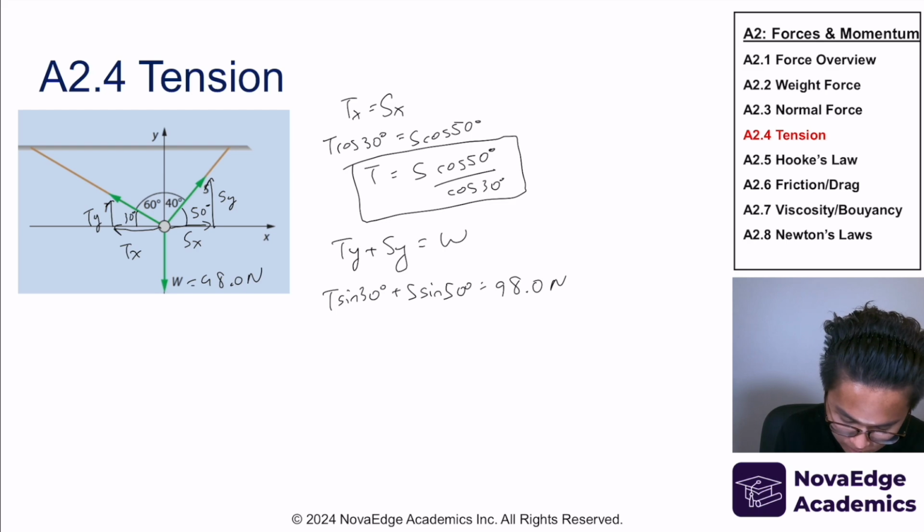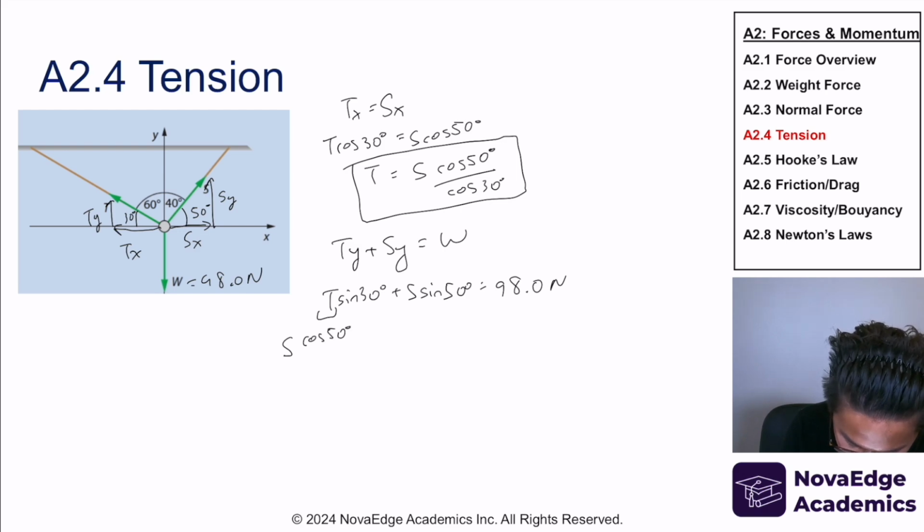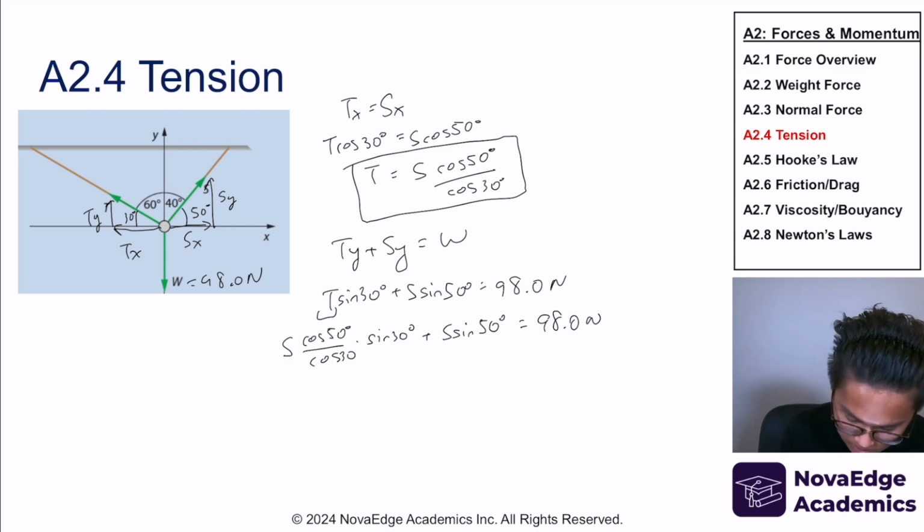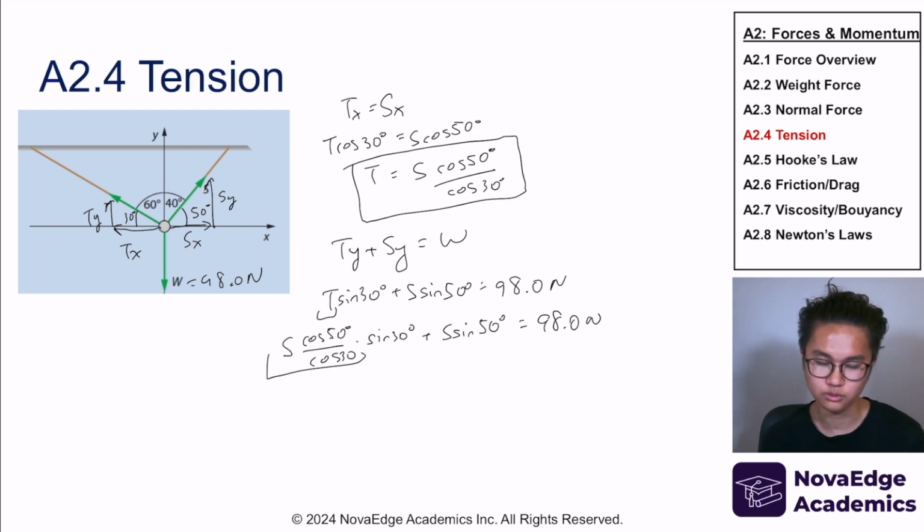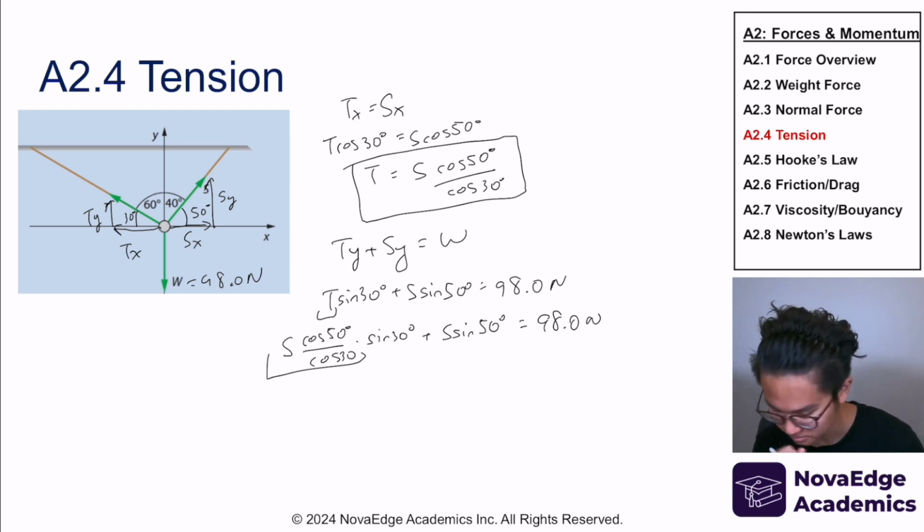So I'm going to plug in T into here. So that is S cosine 50 over cosine 30 times sine 30 plus S sine 50 is equal to 98.0 newtons, because here that's equal to T.